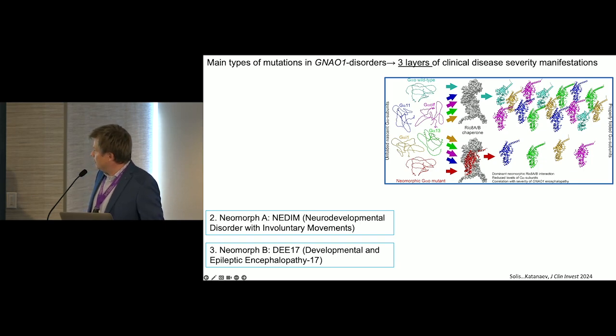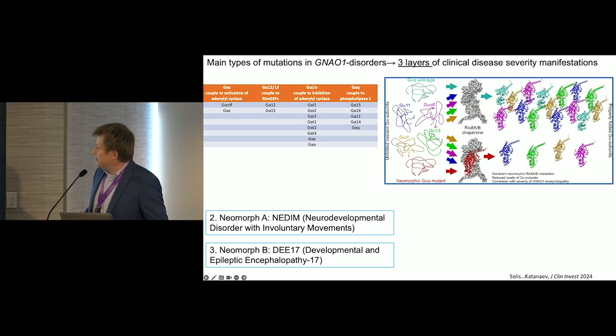But when you have the mutants, in the patient cells where this neomorphic mutant is expressed, this mutant basically outcompetes the wild type for the RIC8A and RIC8B interaction, not just G-alpha O wild type, but wild type G-alpha I, G-alpha Q, G-alpha OLF, G-alpha S, and so on, depending on the neomorph A or neomorph B. And this leads to decreased levels of these proteins and decreased signaling by the respective GPCR pathways and complicated phenotypes.